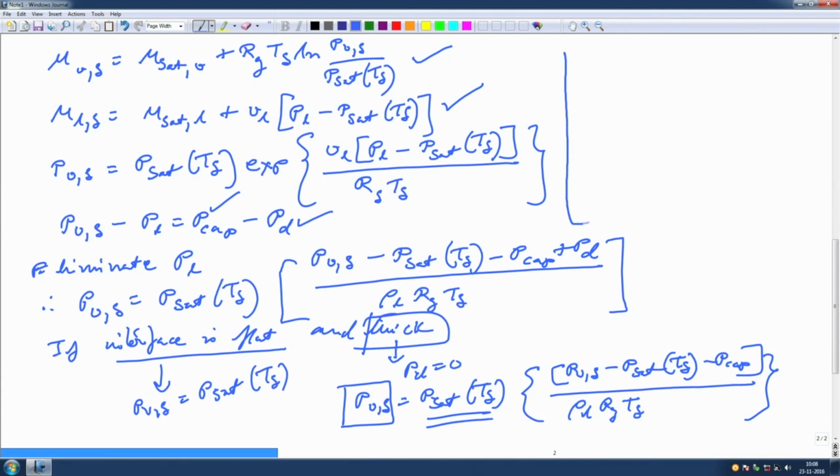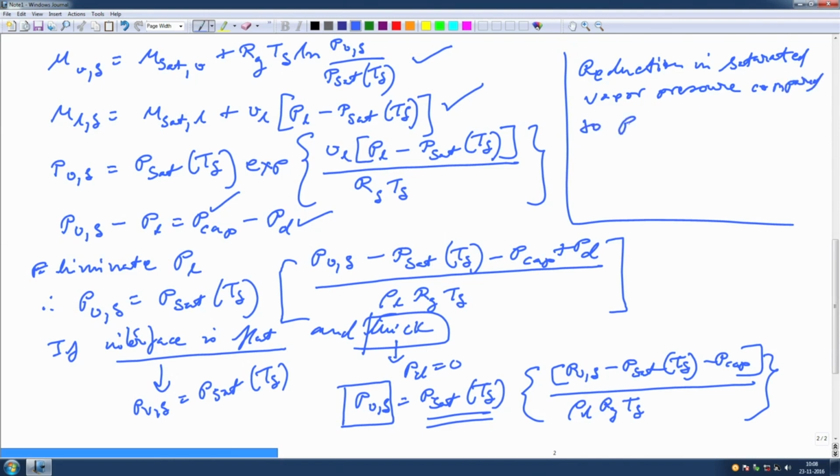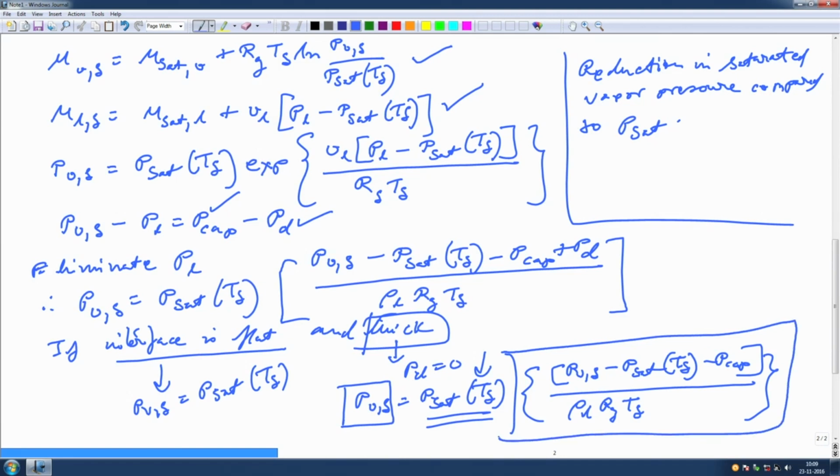So, what we can say here is that there is a reduction in saturated vapor pressure compared to P sat. Got it? Because of this factor that sits here.